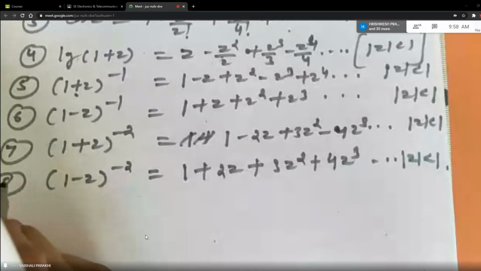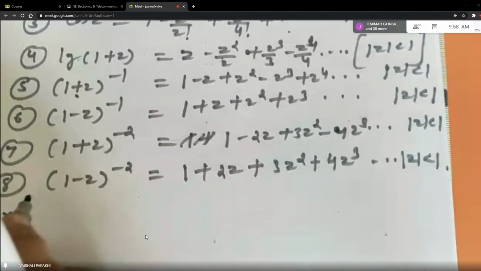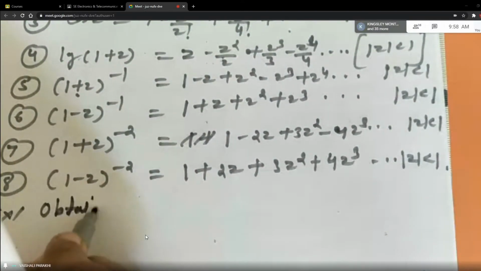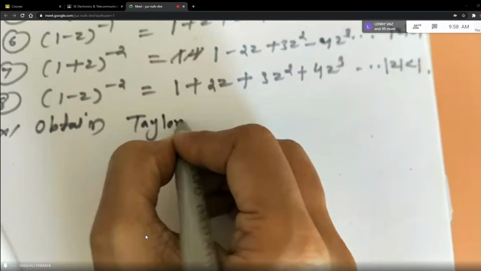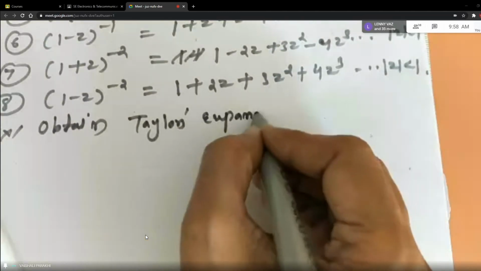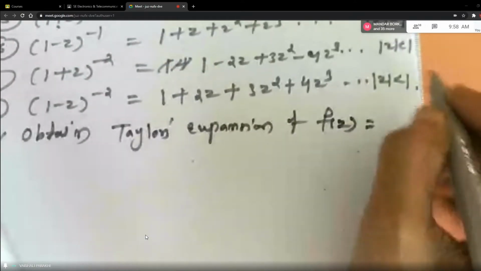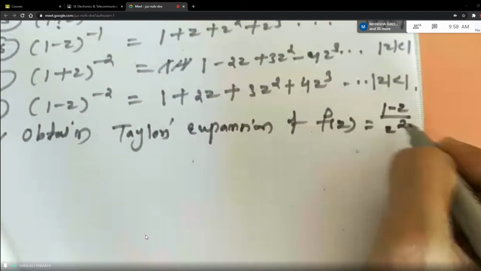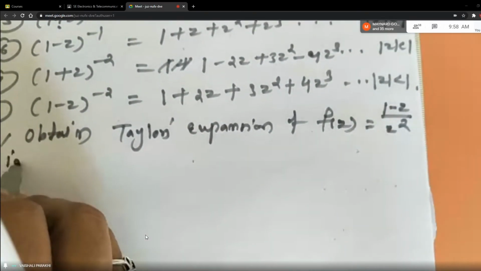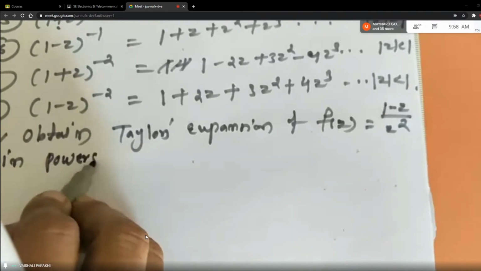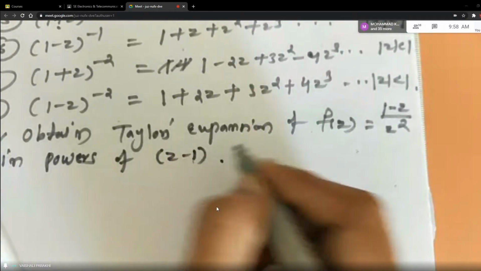Obtain Taylor's expansion of f of z is equal to 1 minus z upon z square in powers of z minus 1. Okay.